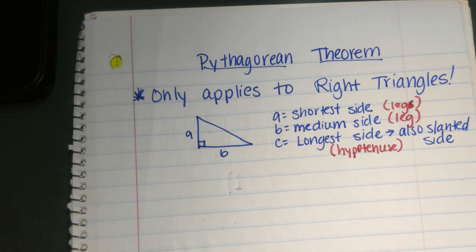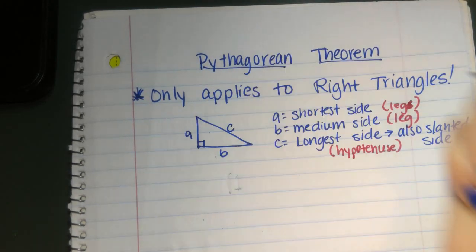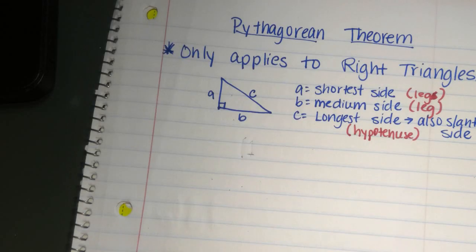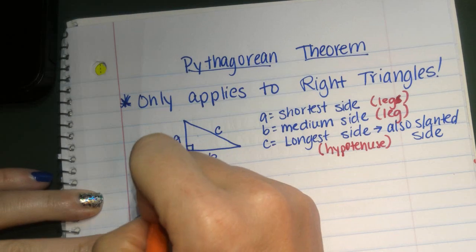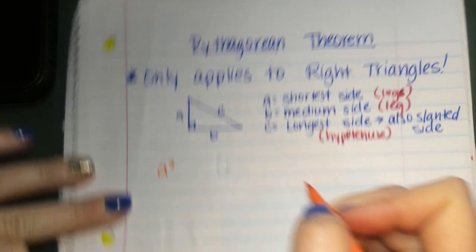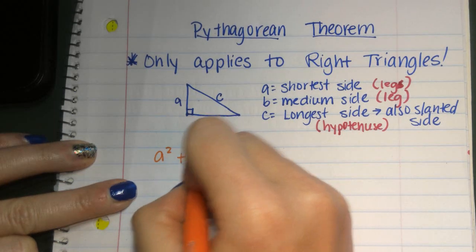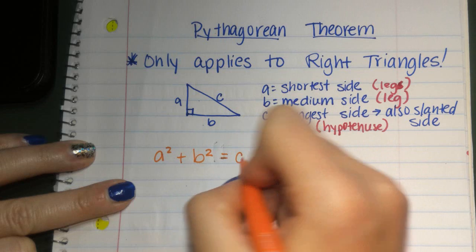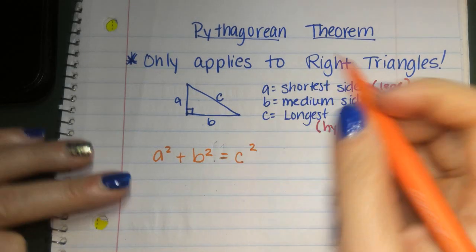Okay, I forgot to label C. Okay, there we go. So what this theorem tells us is this: if we take the measure of side A and square it, and add it to the measure of side B squared, that's going to equal the measure of side C squared.